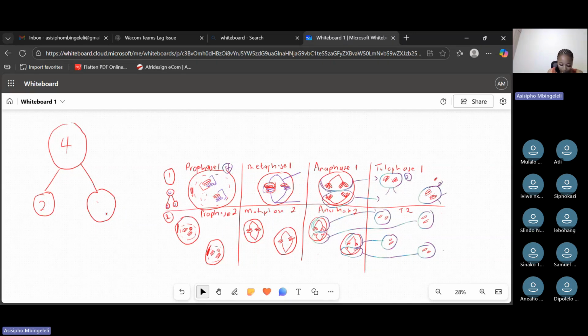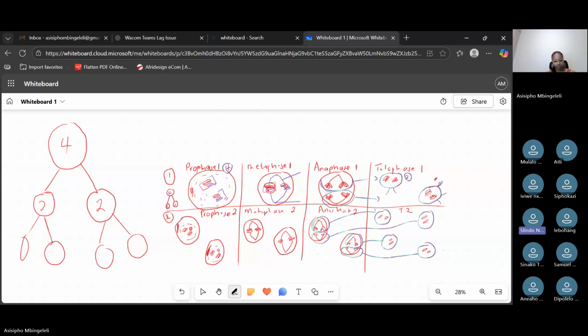And then these 2 cells continued with cell division and produced 2 cells each. There you go. And in all of these cells, at the end of meiotic division 2, we found 2 chromosomes in each.